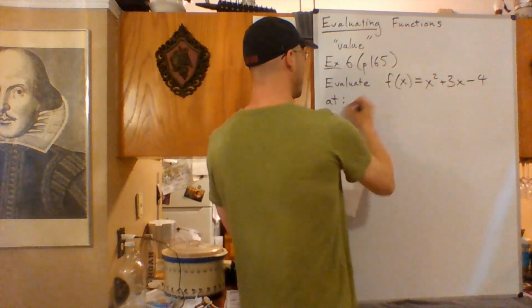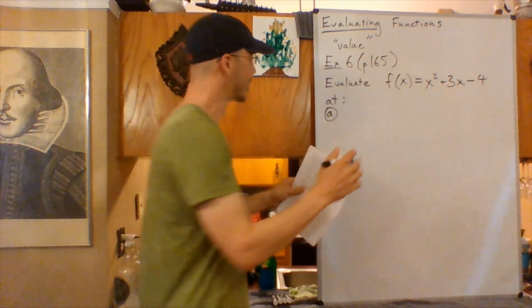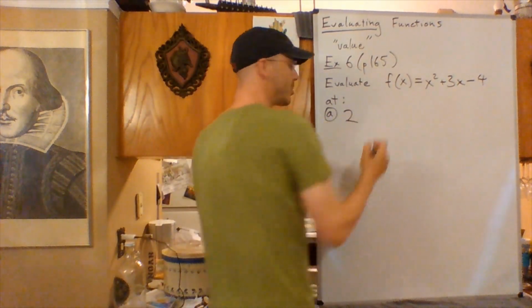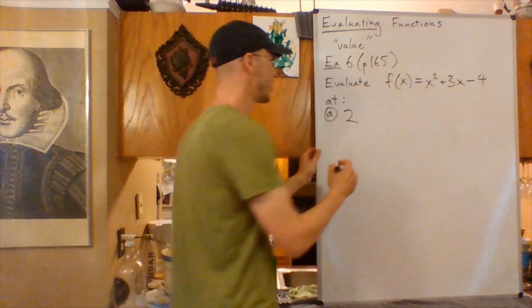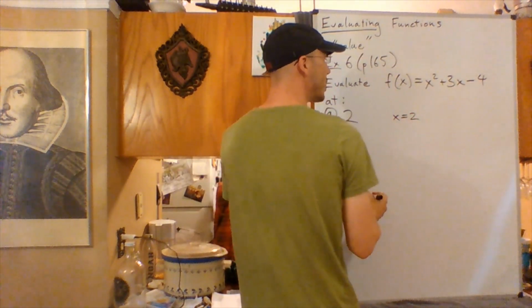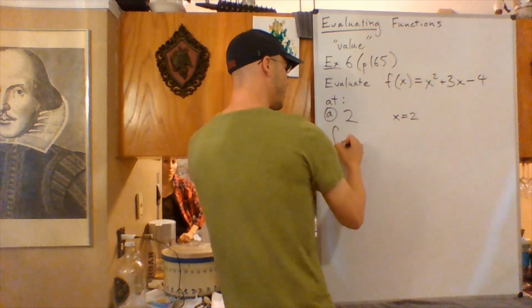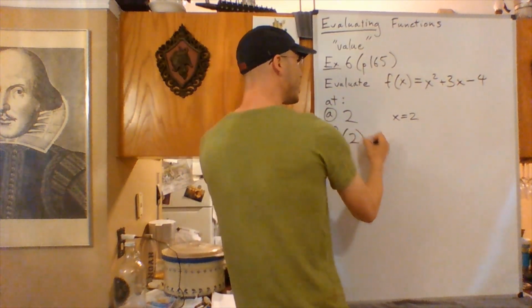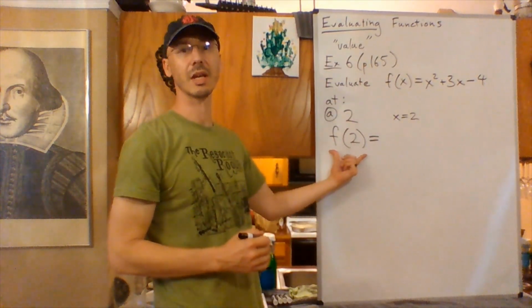First, and we'll do these sequentially, for part A, we're going to use the value 2. Now, that's an input value. So what I mean by that is x equals 2. That's an x value. And to evaluate it, we're going to plug the number 2 into the function, f of 2. That's exactly what we want to find.